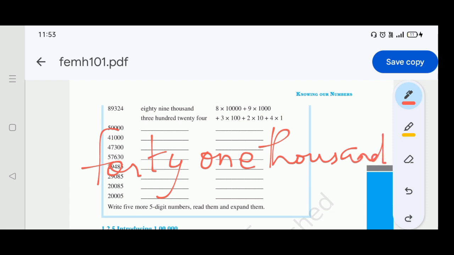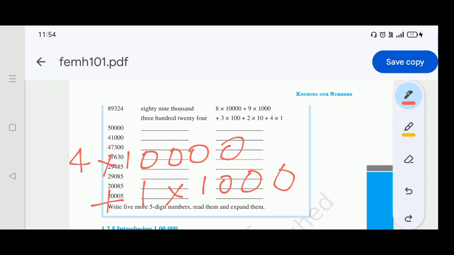And its expansion would be, we know that 4 is in 10,000's place, so we can write 4 into 10,000 plus 1 into 1000, which is 40,000 plus 1000, which is nothing but 41,000.